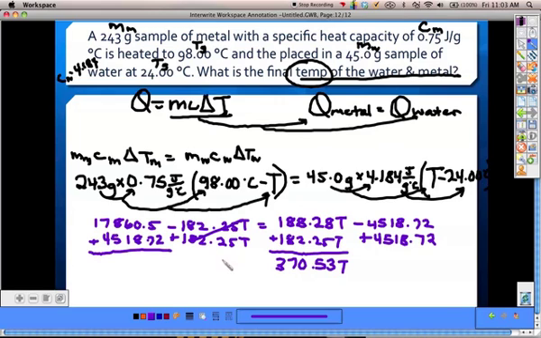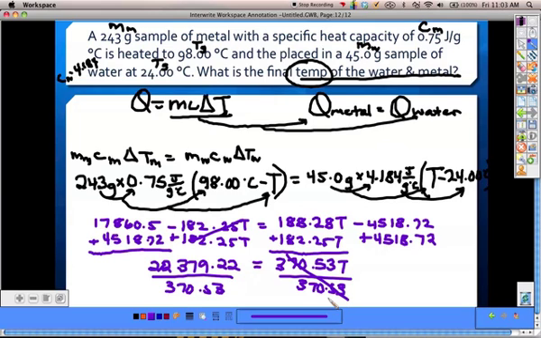And I get, for that, a value of 22,379.22. Now I've got to undo my multiplication that I have here, so I'm going to divide both sides by 370.53. That cancels out on that side, and I get a temperature value with 2 sig figs equal to 60 degrees Celsius.